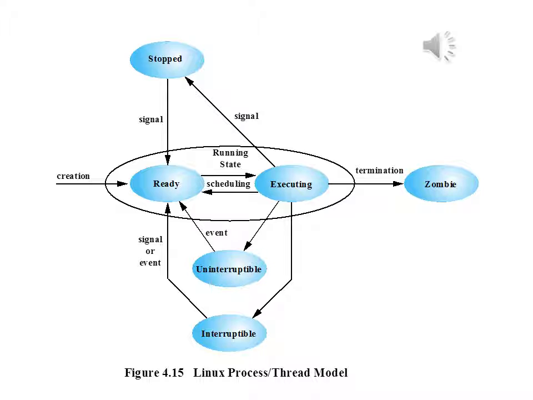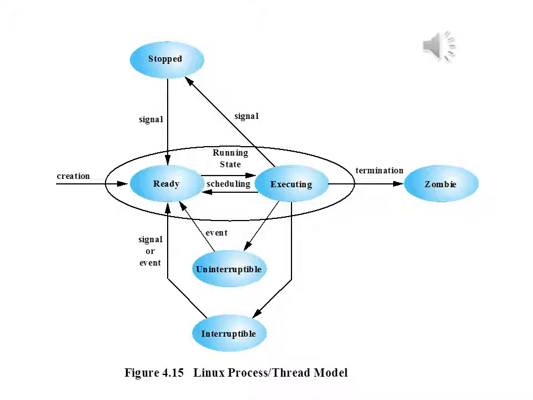Interruptible, a blocked state in which the process is waiting for an event, such as the end of an input-output operation, the availability of a resource, or a signal from another process. Uninterruptible, another blocked process. The difference from the interruptible state is that in this state, a process is waiting directly on hardware conditions and therefore will not handle any signals.